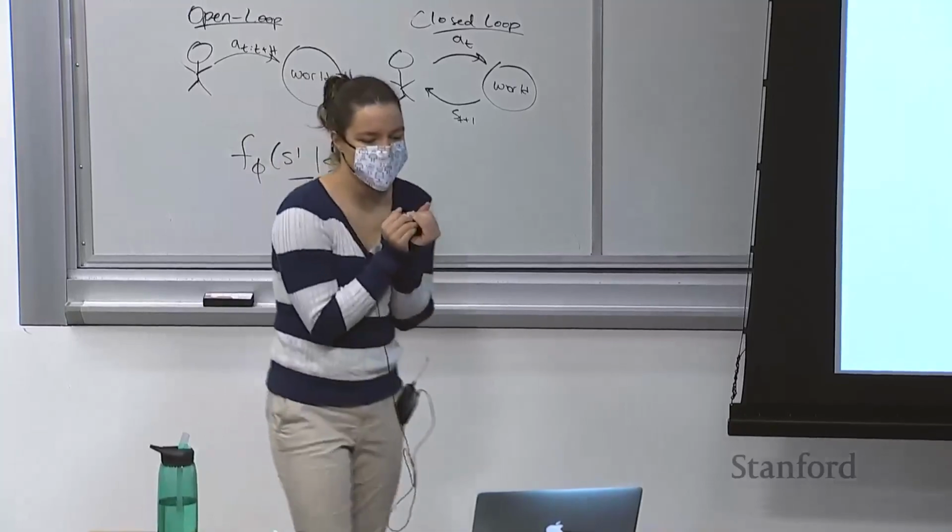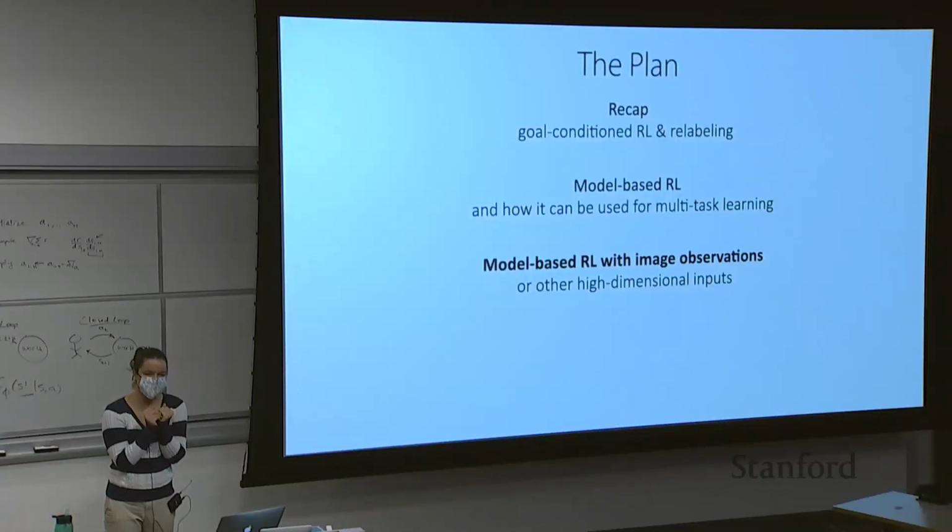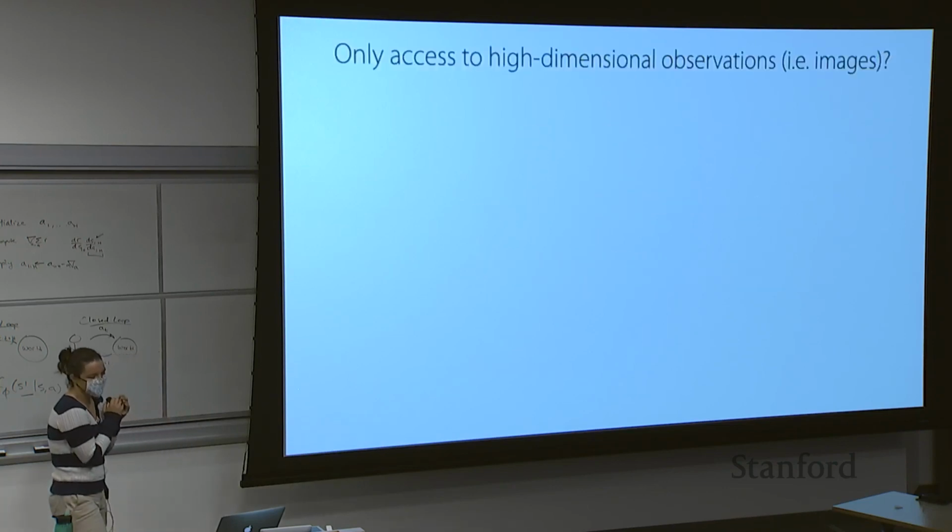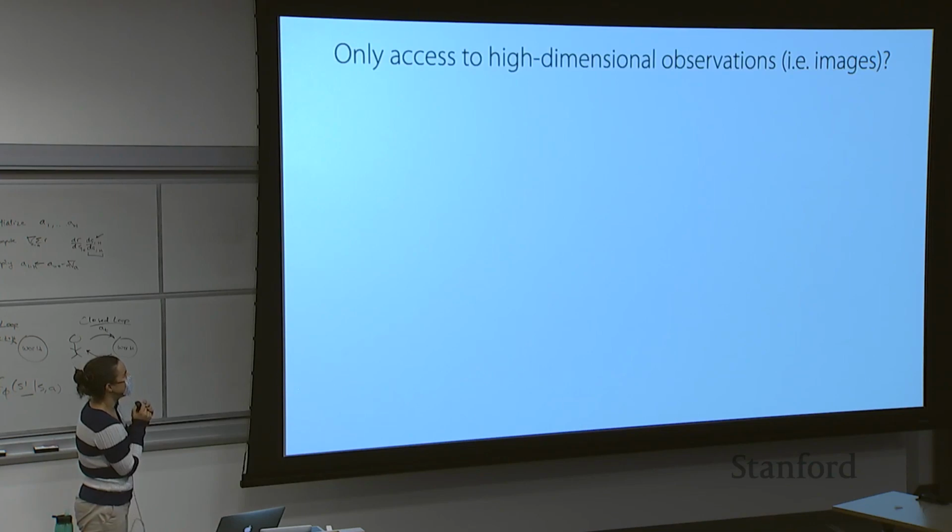Cool. So next we'll talk about model-based RL with image observations, or just generally when you have very high dimensional inputs. This is a scenario that I think actually comes up a fair amount. Oftentimes you can't directly observe some really nice low dimensional state.